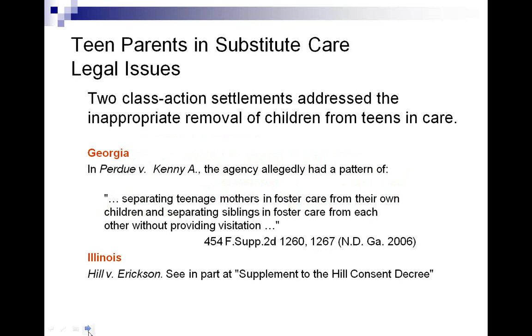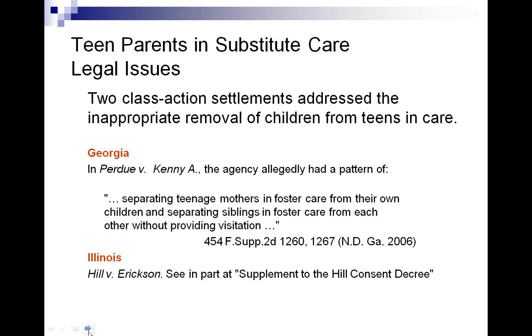I said I would introduce it a little more. Like I said, we've been hearing for a long time that teen parents' children are taken away without legitimate or the same types of grounds. When I started talking to the NRC for In-Home Services about this, I tried to find some detailed social science research on this, but I couldn't find any. Although I do imagine there's good data in some states, I don't think it's been public.